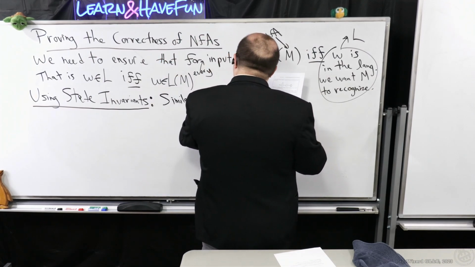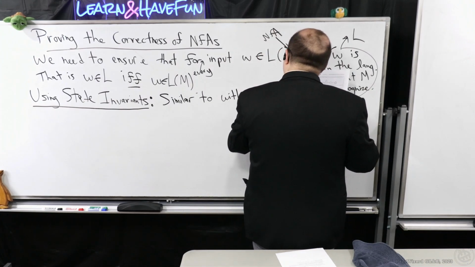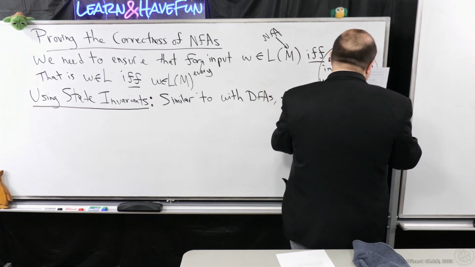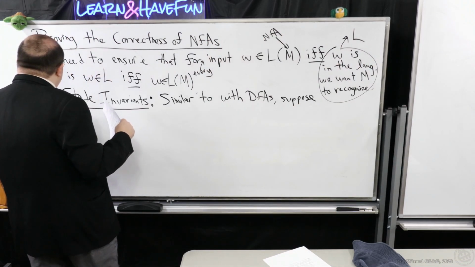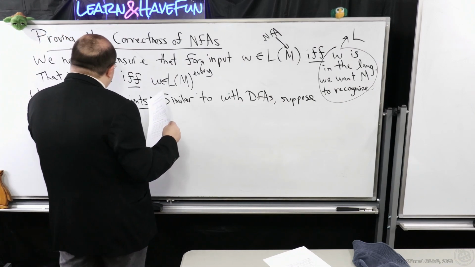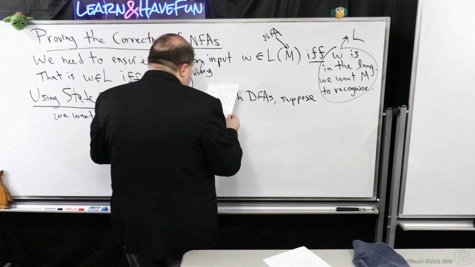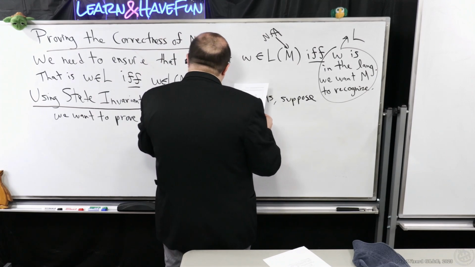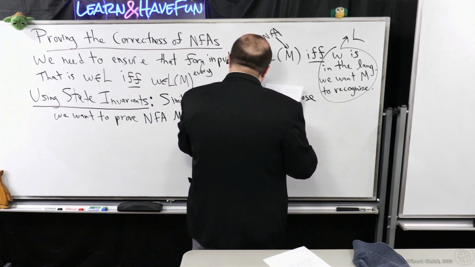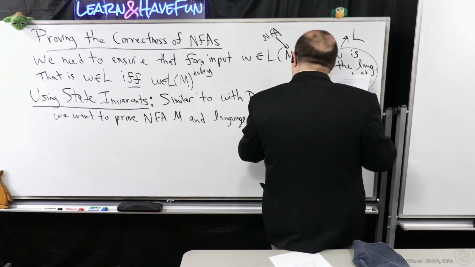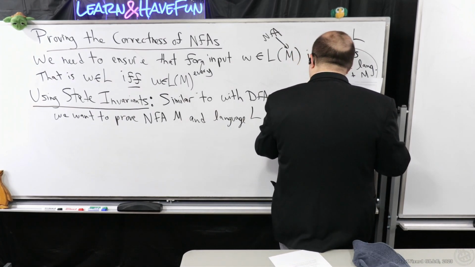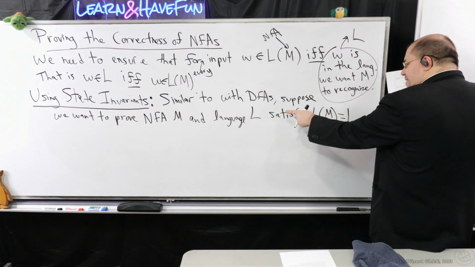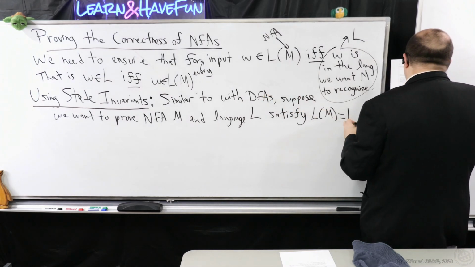So similar to with DFAs, suppose we want to prove NFA M and language L satisfy L of M is equal to L. Remember, L is the language, L of M is the language of that machine over there.